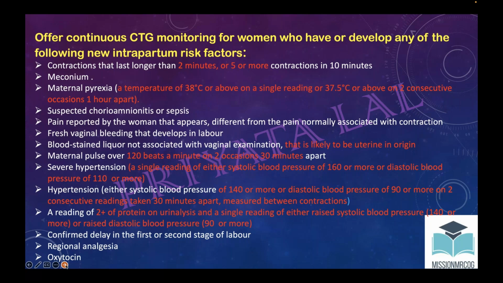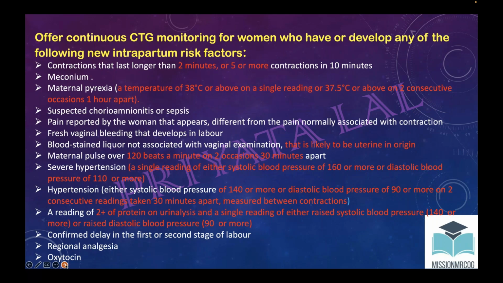So these are contractions: longer contractions of more than 2 minutes, whereas usually a contraction should be somewhere between 30 to 45 seconds. So now you can understand, if the contraction is more than 2 minutes, we have to see why, so CTG monitoring.